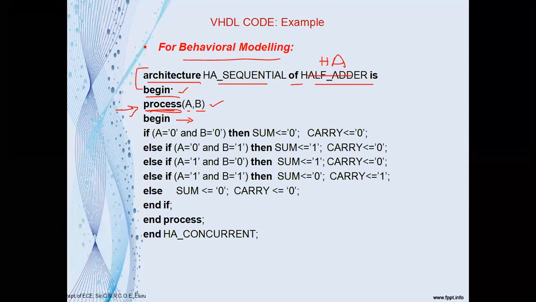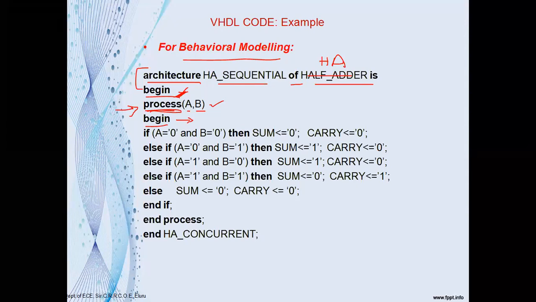Here the first begin is to start the behavioral modeling, whereas after you use this process statement, the process will be initiated and start executing by this begin keyword. So that's why the second time we are mentioning this keyword begin here.